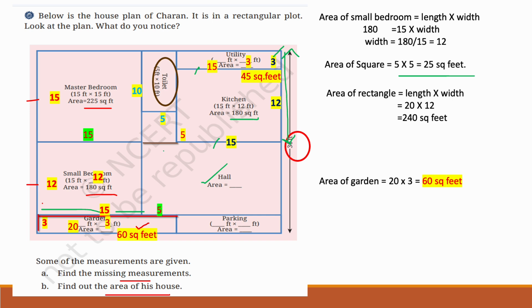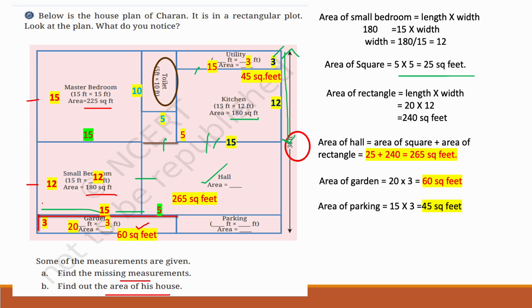See, 5 plus 15, that is 20. Then 20 into 12, 240 square feet. So the total area of hall is area of square plus area of rectangle, that is 25 plus 240, that is 265 square feet.